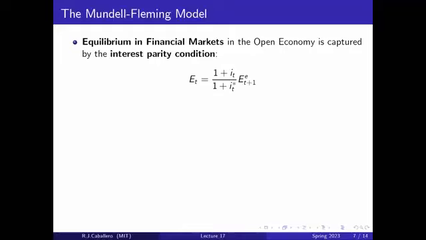But now we're going to endogenize the exchange rate. And for that, we're going to use the uncovered interest parity condition. This is a condition you should understand very well as well, okay? So that tells you essentially that the expected return of the two bonds, the bonds issued in foreign currency and domestic currency, have to be the same. The expected returns have to be the same, okay?